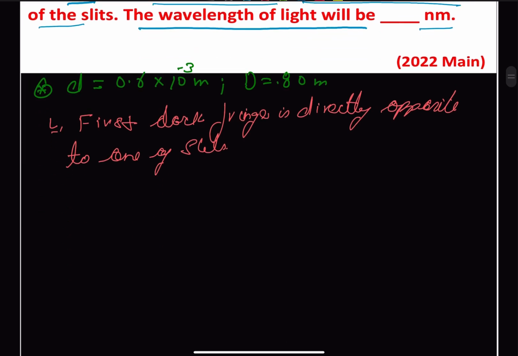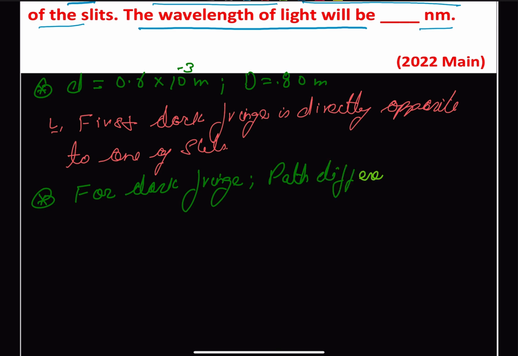And for dark fringe, we already know the path difference formula. For dark fringe, path difference is given as n plus 1 by 2 times lambda, and here n is equal to 0, 1, 2 and so on.